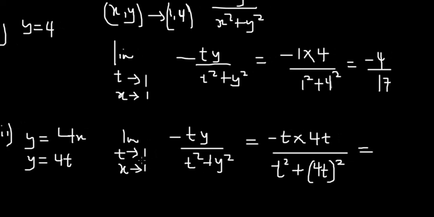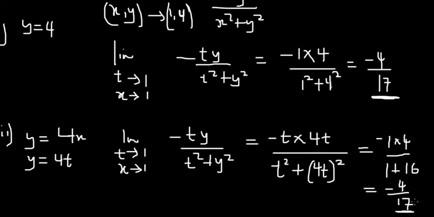We know that t is equal to 1, so we have minus 1 times 4, because 4 times 1 is 4, divided by 1 plus 4 squared, which is 16. So from here you can notice that we have minus 4 on 17. It's just the same as what we had for y equals 4.